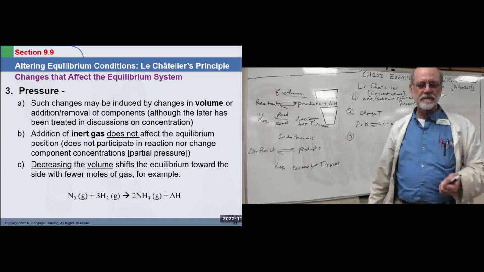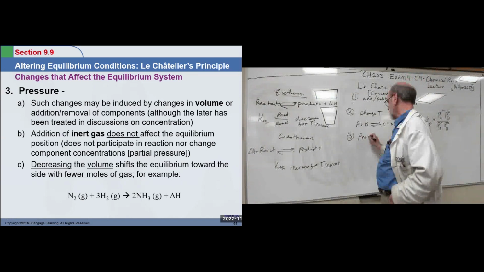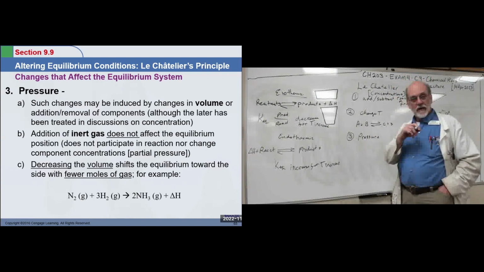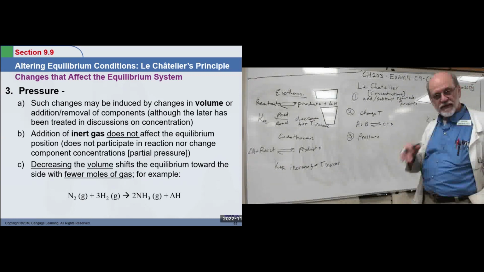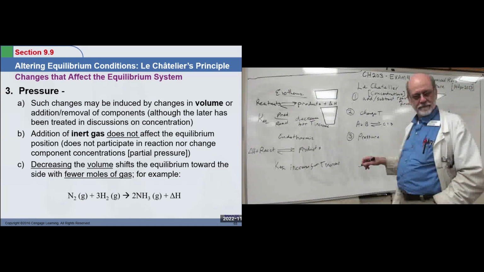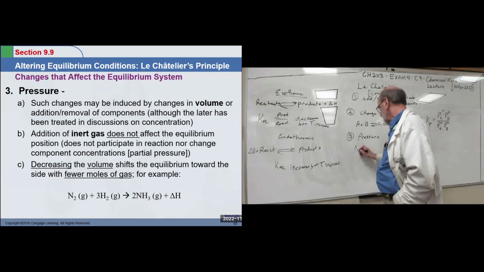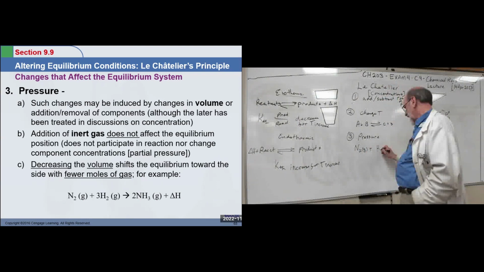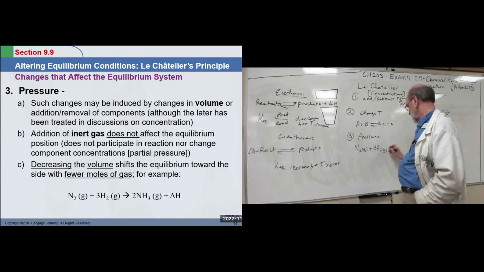How about pressure? Under what circumstances would pressure have an effect on the reaction? Well, think about this. If you have a reaction, and the example there is the Haber-Bosch process. That's a good one. This is a gas. This is a gas. And there are 3 of these.